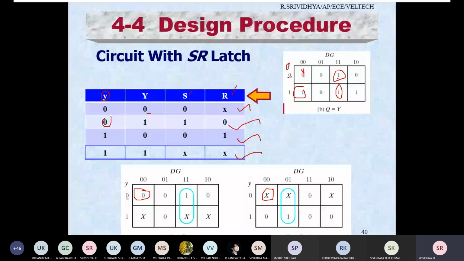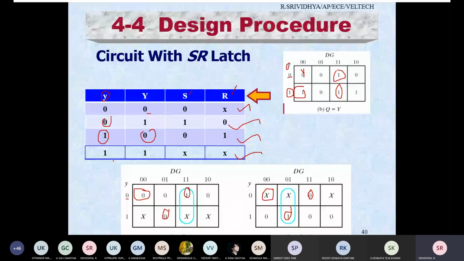Understood? Now small y is equal to 1 and capital Y is equal to 0. Capital Y equal to 0 means this position. So it should be 0 and 1. According to this table only I'm writing.